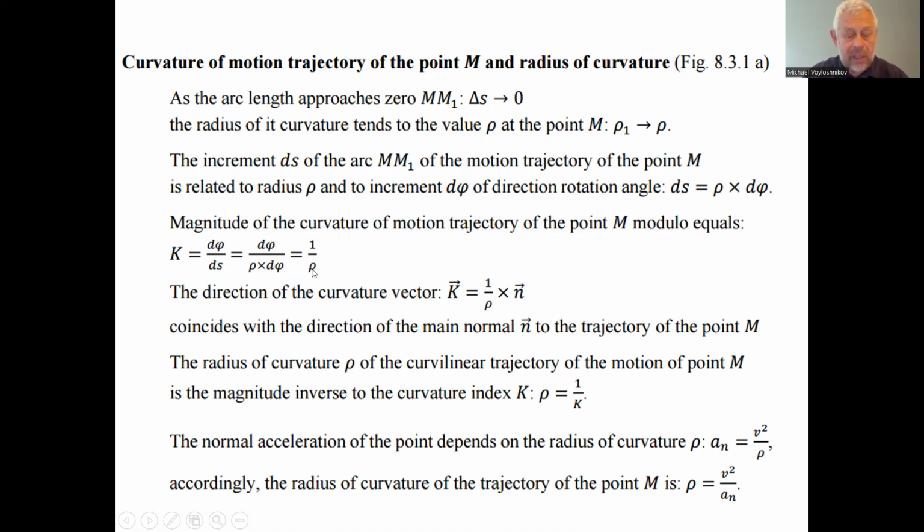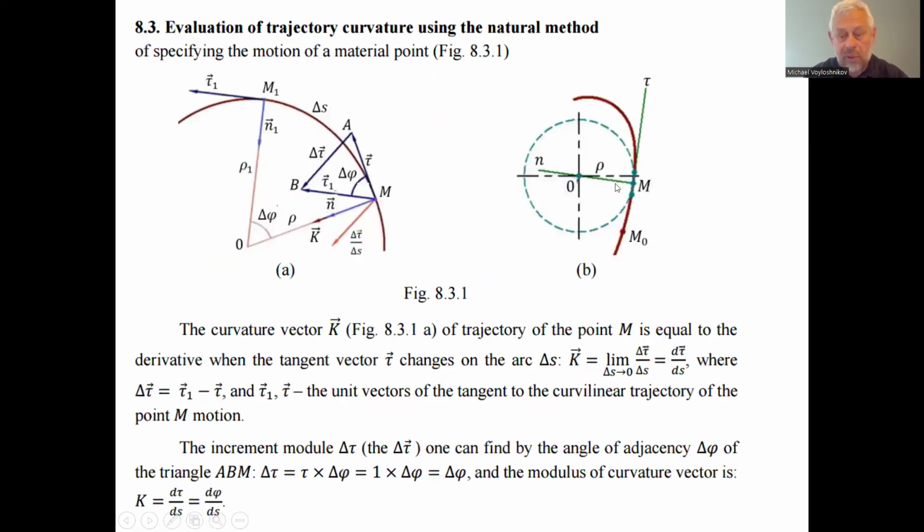So this is the circle of the curvature with the radius rho, and the magnitude of this vector, the vector of the curvature, is the derivative of delta tau vector divided by delta s. Delta tau is a vector, so this is a vector value of the curvature k, and its direction is by the main normal to the center point of the circle of the rotation.